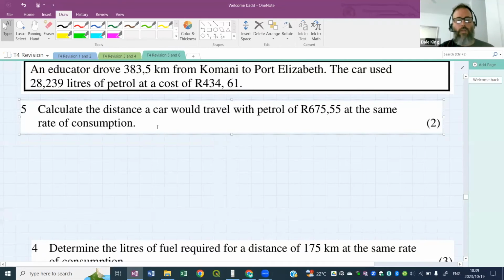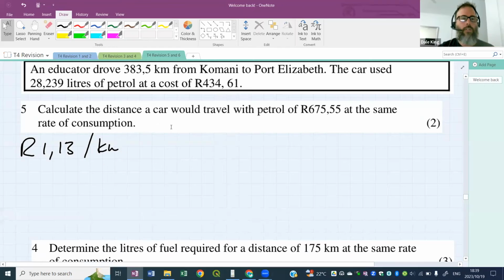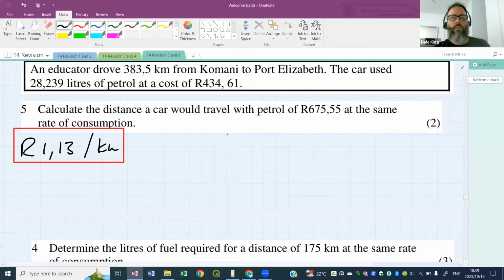I'll stick it up here. We've got a rand per kilometer rate. Calculate the distance a car would travel with this many rands worth of petrol if it's still using the same rate.